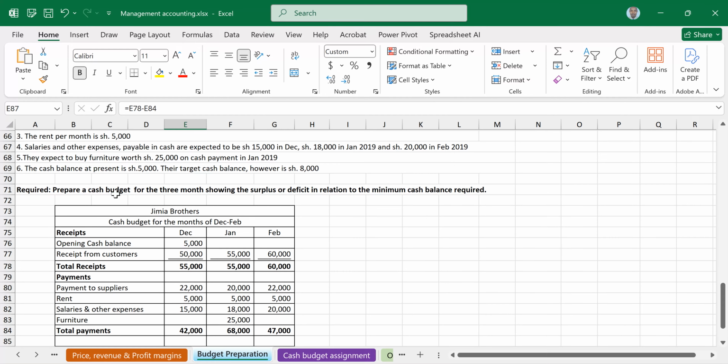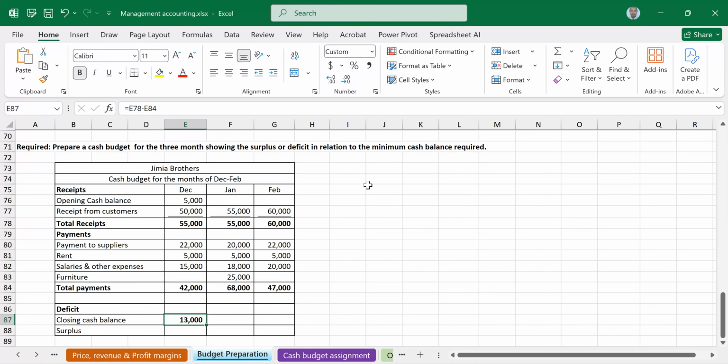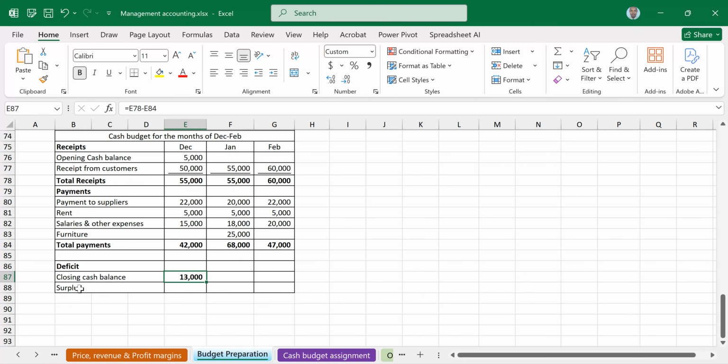Prepare a cash budget for 3 months showing the surplus or deficit in relation to the minimum cash balance required. I think this should be here, surplus or deficit in relation to the minimum cash balance required.